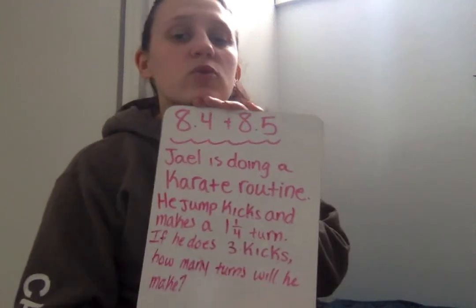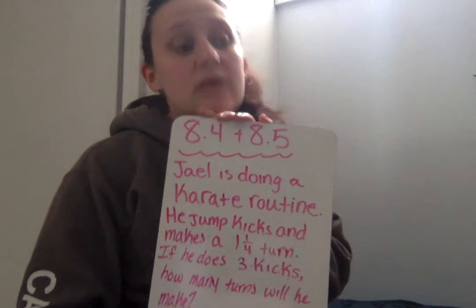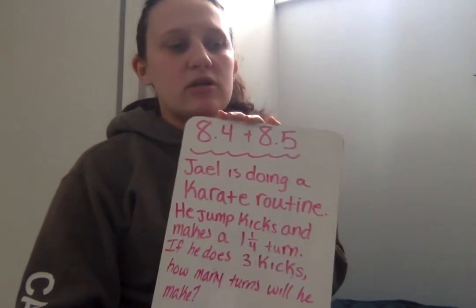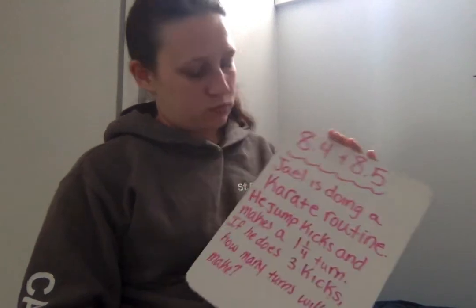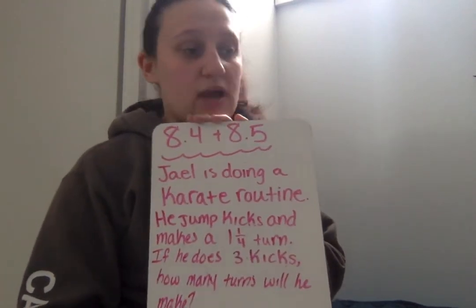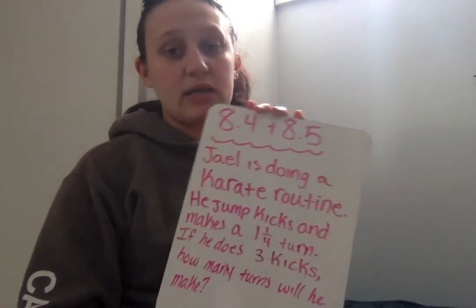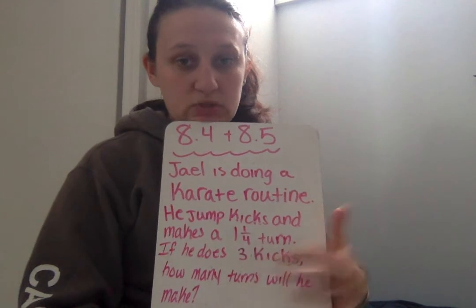Hey guys, so we're doing 8.4 and 8.5. Why? Because 8.4 and 8.5 are very similar. They're just solving multi-step problems. So in this one, what we're actually going to be doing is multiplying mixed fractions with whole numbers.